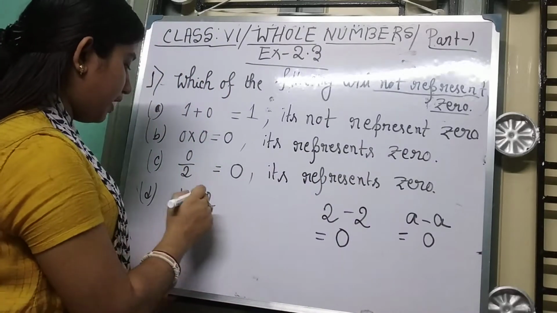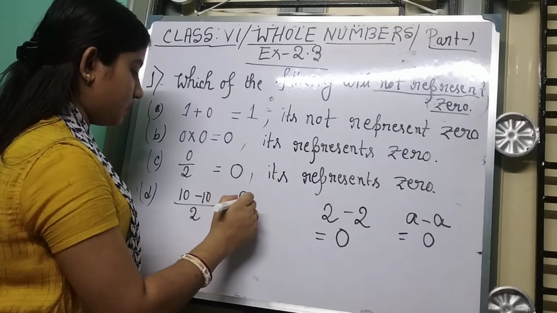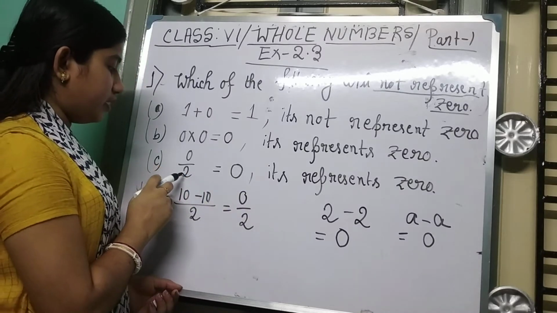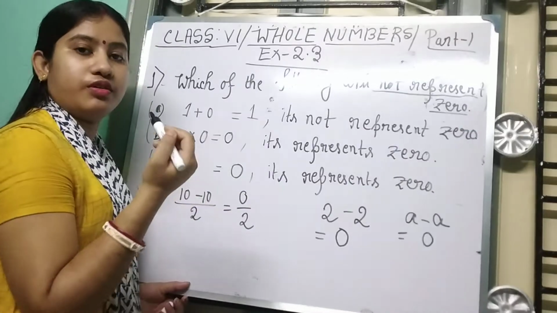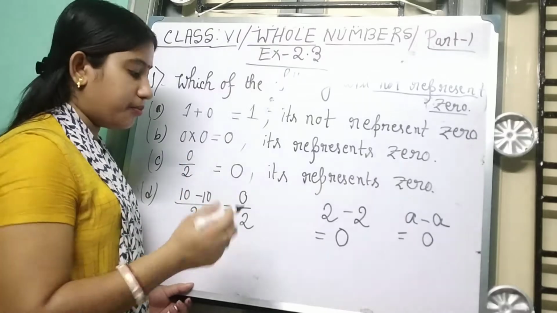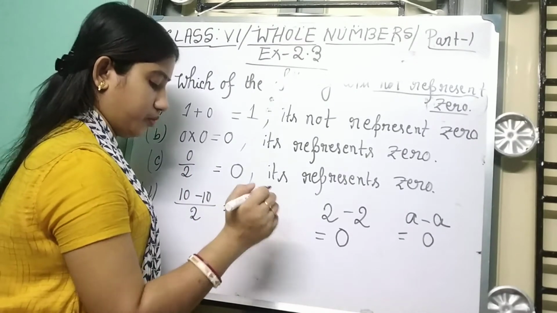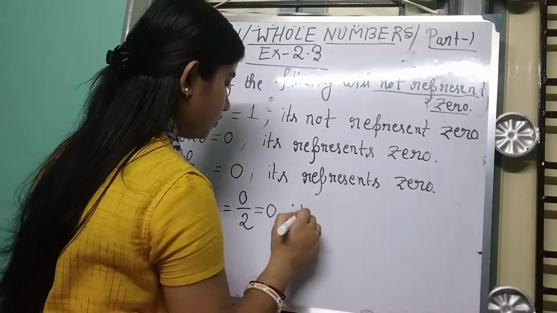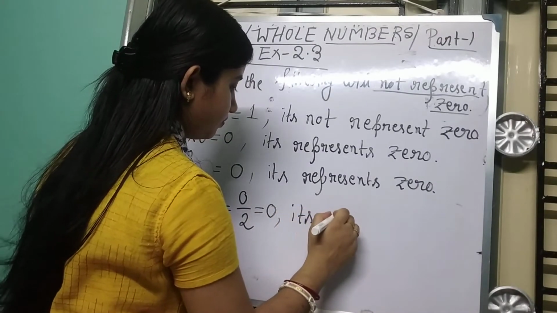So 10 minus 10 equals 0, so this equals 0 by 2. And from option C, we get 0 by 2, that means 0 by any non-zero number equals 0. So it also represents 0.